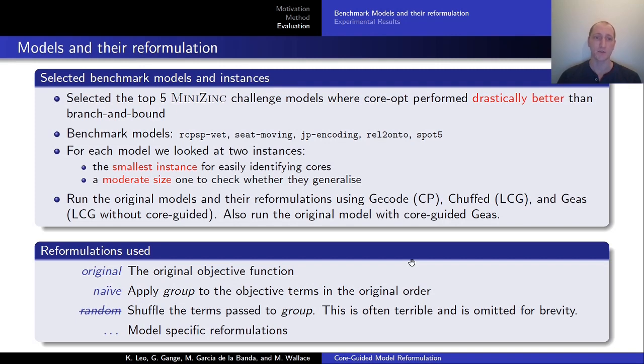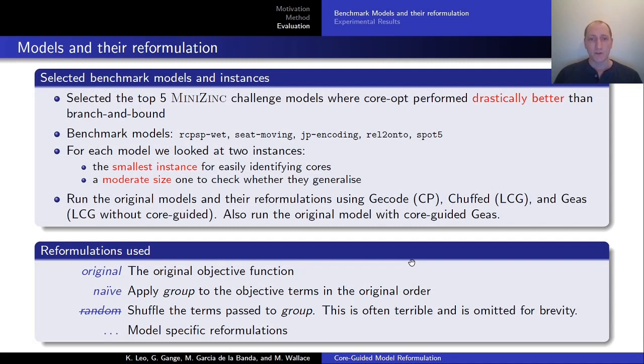This gave us these 5 benchmark models, and for each one we applied our method using just 2 instances from the problem: typically a small instance because it's easy to interpret the cores, and a slightly larger instance so that we can test whether our reformulation scales or whether there's some other structures in larger instances that we haven't anticipated.